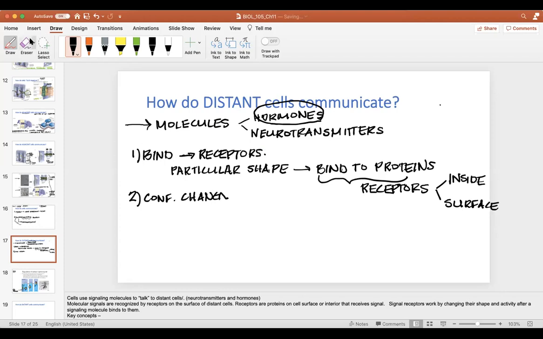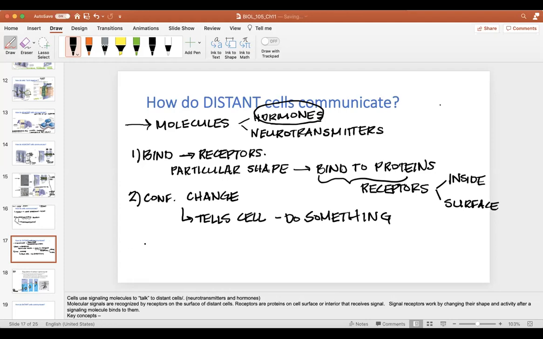Conformational change in the receptor molecules, okay? And it's this conformational change that tells the cell to do something. And I'm going to show you examples of this, okay? So we're just laying out a roadmap for how this whole process works.